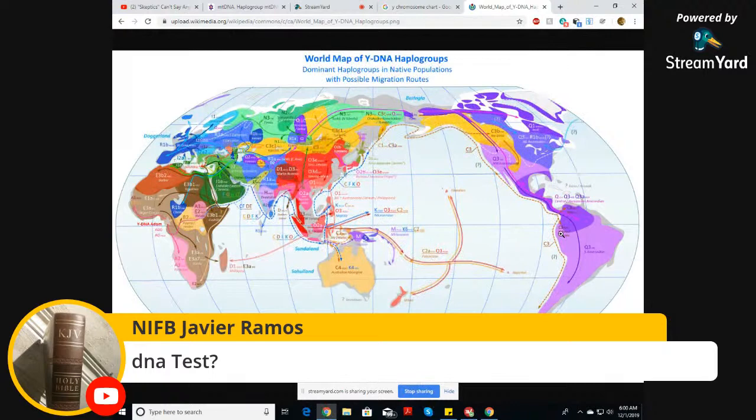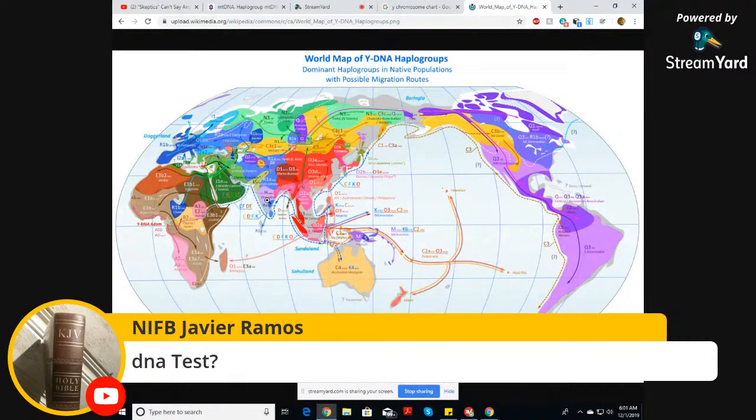I don't know if you can see it, but there's a C3 here and there's a C3 here in the northern part of South America. So the descendants of Ham made it to Australia, made it all the way over to the northern tip of South America and out into the Pacific Islands too. So yeah, the Aboriginals then are probably a mixture of Semitic and descendants of Ham.